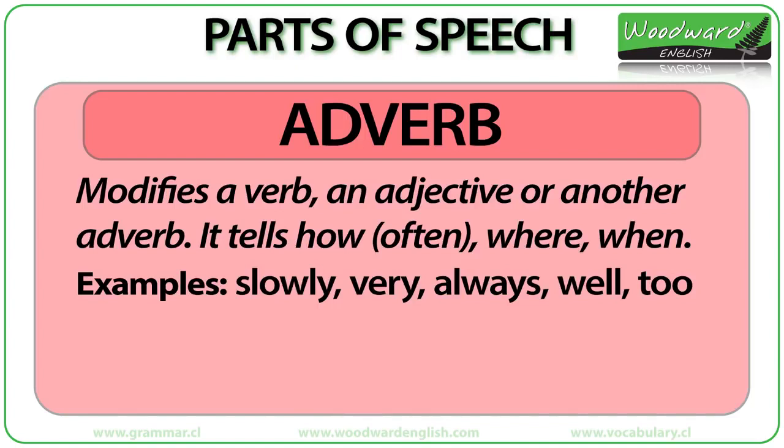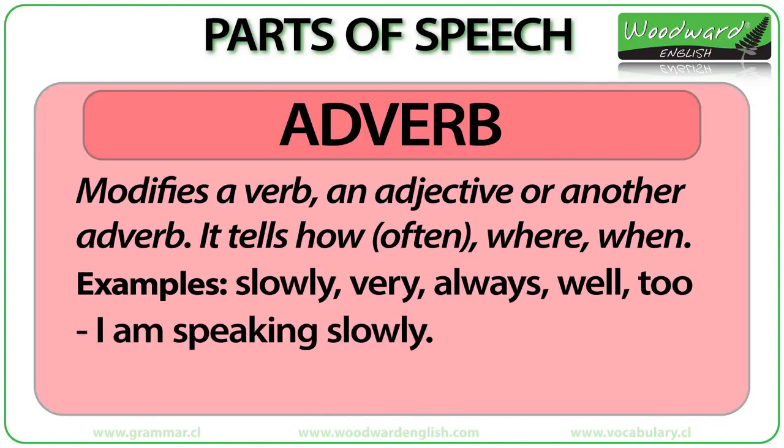An adverb describes or modifies a verb, an adjective, or another adverb. An adverb can give us more information about a verb, and it tells us how often, where, when, or to what extent. Many adverbs end in ly.